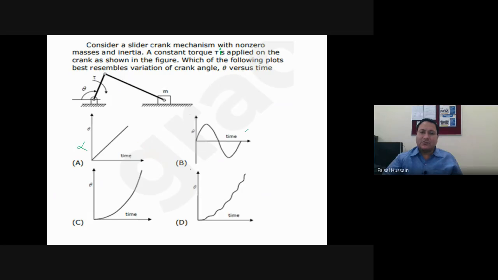Simple harmonic is also not possible, and parabolic is also not possible because in a slider crank mechanism, because of the inertias, because of the frictions, the crank angle and time do not obey each other's parameters. The best answer is this one. Answer D. This is the best plot which can resemble crank angle versus time graphical representation for a slider crank mechanism.